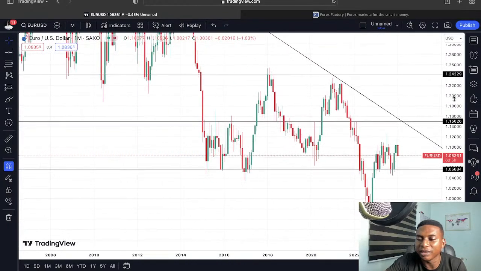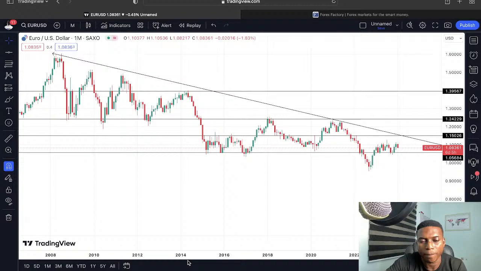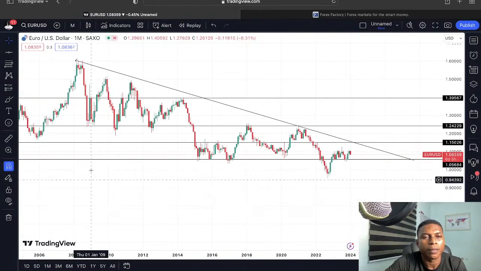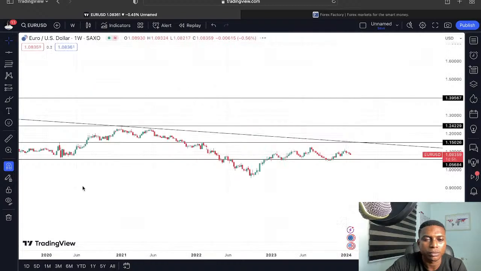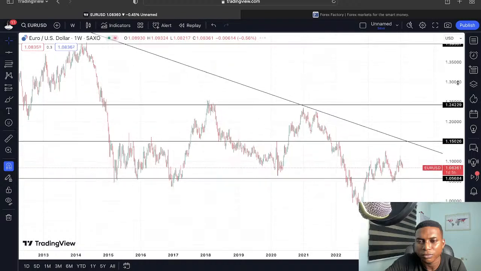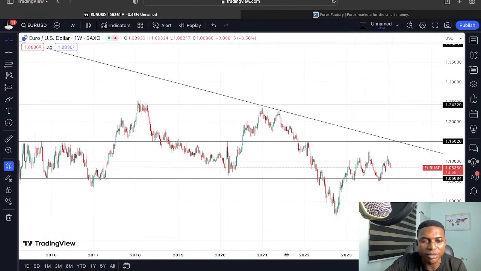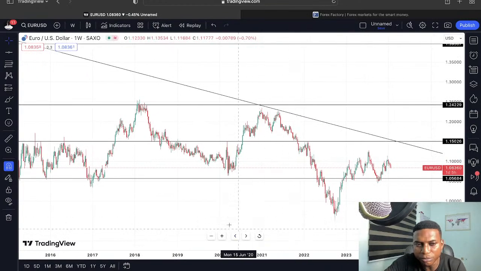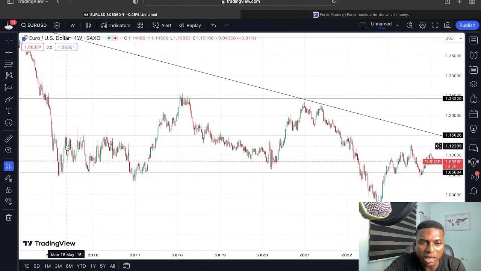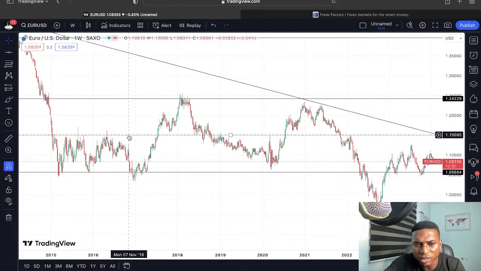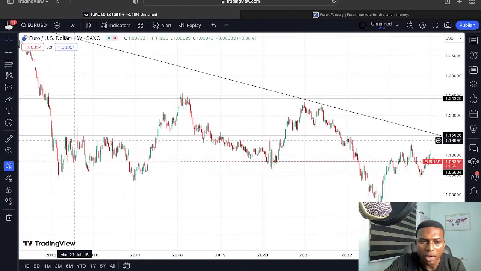So here we have the weekly time frame. We can see how price consolidated here, between this line and this line.